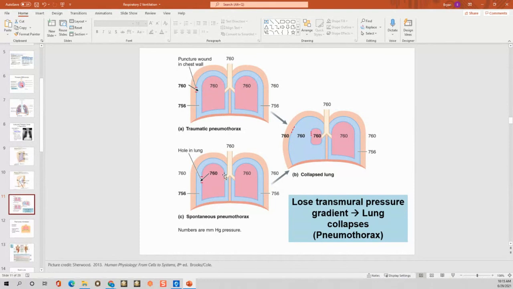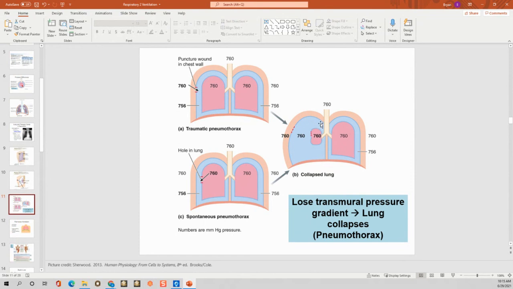Car accidents can actually weaken the lining on the inside. Really, really tall people will get spontaneous pneumothoraxes because of the sheer size and volume of their lungs. No bueno.